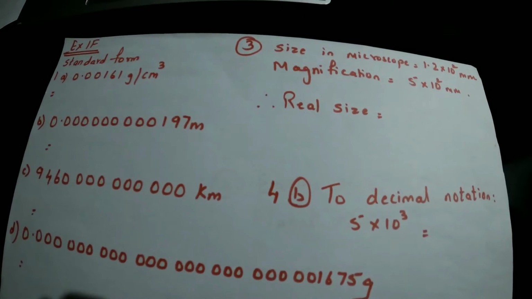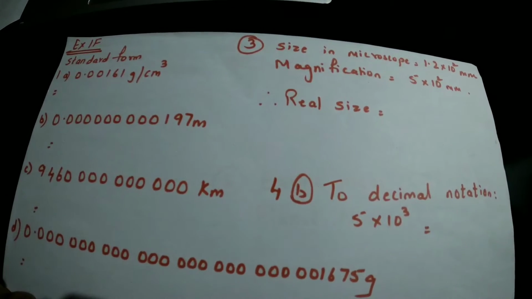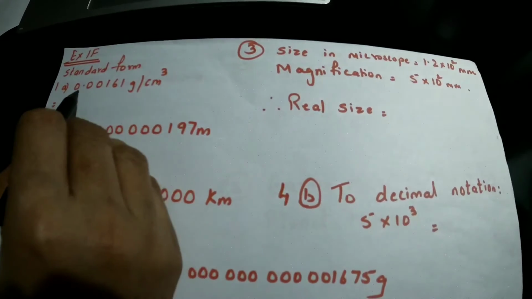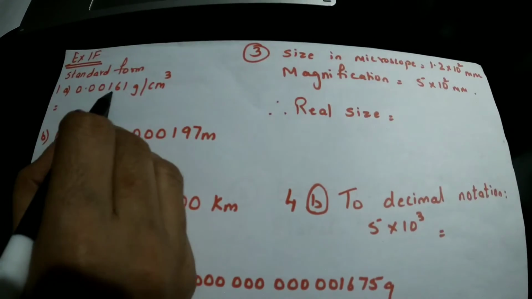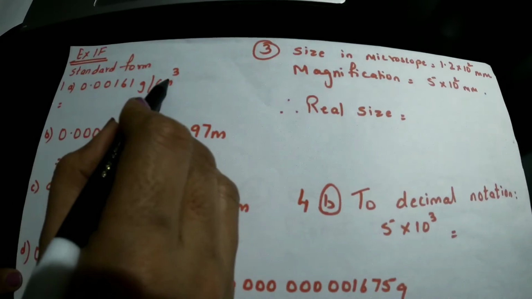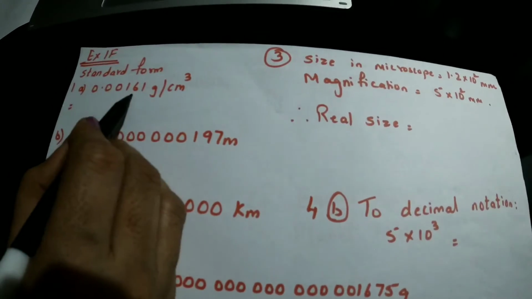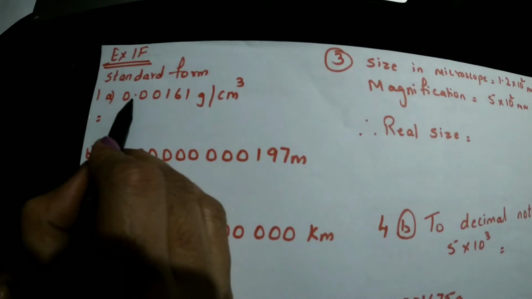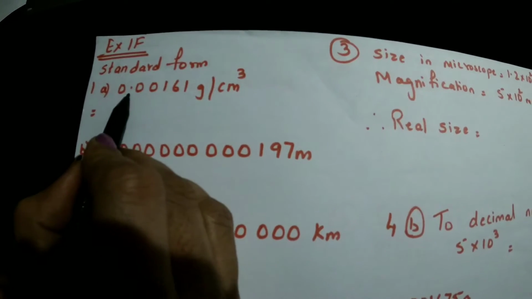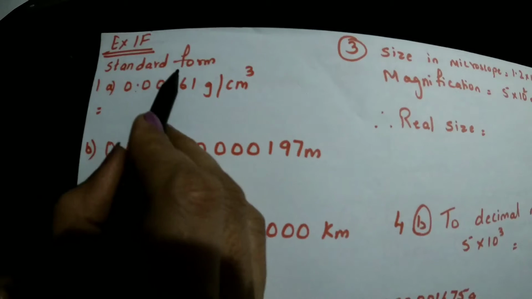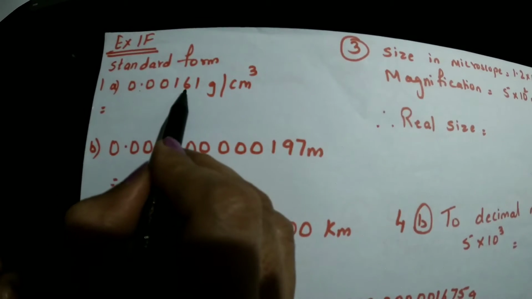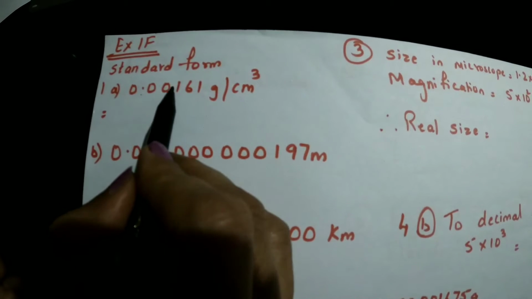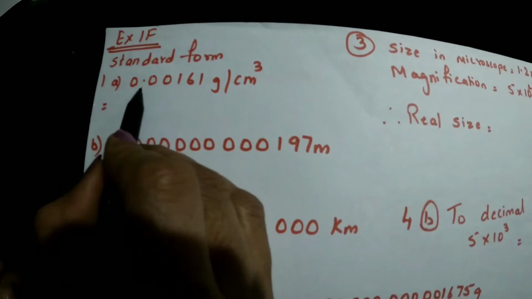So our first sum is density of air at 27 degrees Celsius and 1 atmosphere pressure is 0.00161 gram per centimeter cube. Now this number you have to write in standard form. So basically this decimal which is there, you will shift in such a way that the number is between 1 and 10.